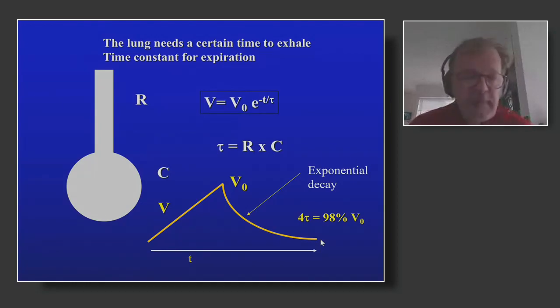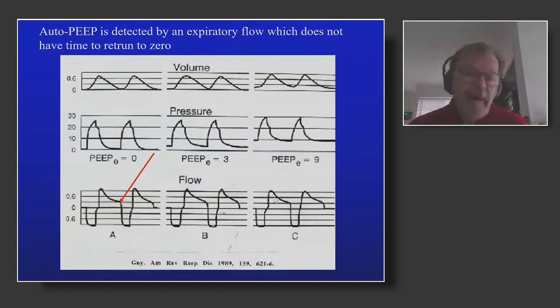And of course, there is a time constant, which means that you need a certain time to empty the system. And this time constant depends on the resistance and compliance. So why is it important? Look at the third curve in this example. From the top to the bottom, you have the volume, the airway pressure, and you see the small pause. This is volume control ventilation. And the flow, and in this graph, they represented the inspiration down with a square and the expiration up.